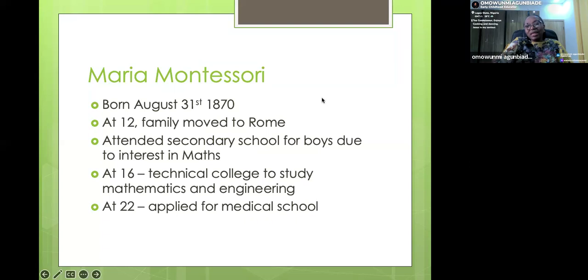Normally girls would go to what we might call a grammar school today. There was a special school for girls because they couldn't pass a particular stage of education level. But she wanted to do much more than that.